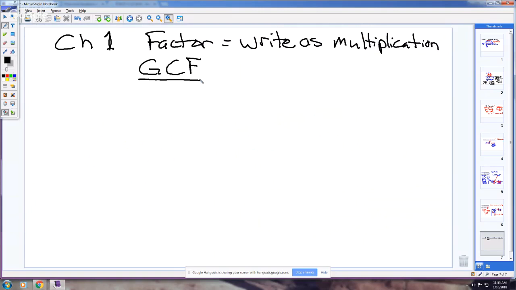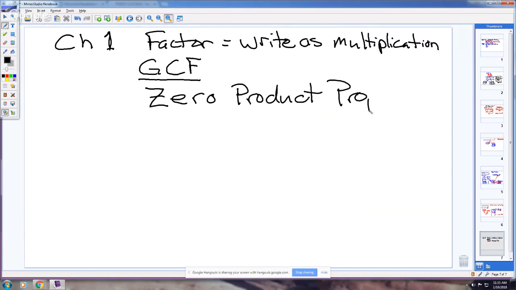That's okay. Next big idea for the whole chapter is the zero product rule. Sometimes it's called the zero product property. So those are big ideas.